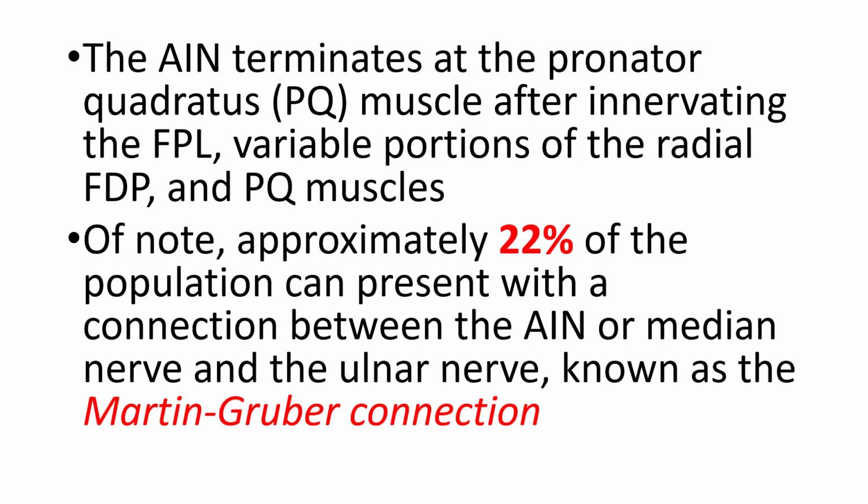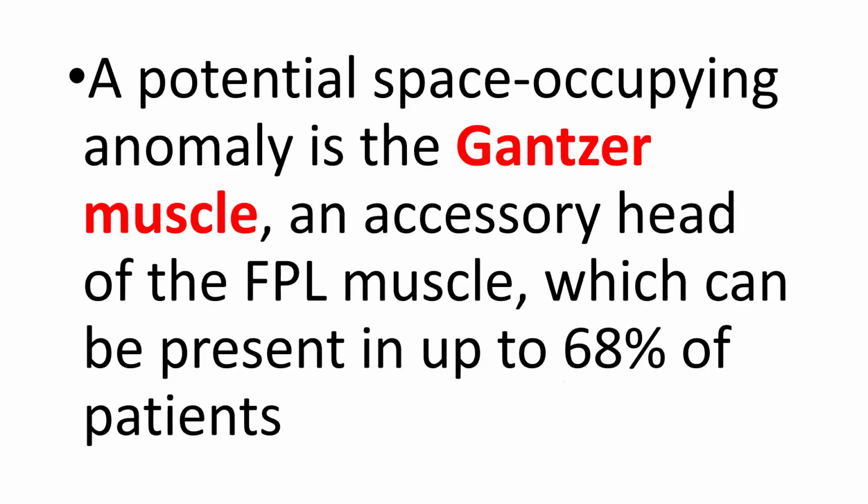Of note, approximately 22% of the population can present with a connection between the anterior interosseous or median nerve and the ulnar nerve, and this is known as the Martin-Gruber connection. A potential space-occupying anomaly is Gantzer's muscle, an accessory head of the flexor pollicis longus.